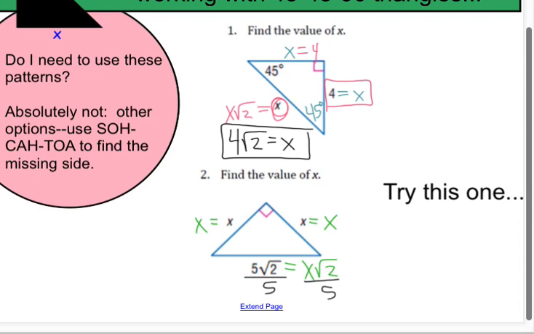I need to get x by itself, don't I? If I want to get x by itself, I would divide both sides by the square root of 2. If you notice, square root of 2 divided by square root of 2 simplifies to 1. So x is equal to 5. The value of x in this case is 5.